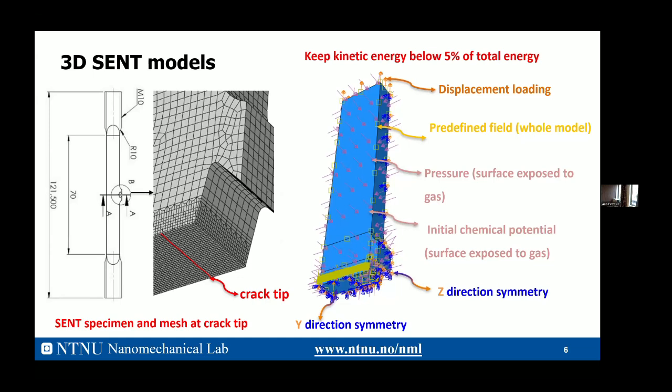And the hydrogen boundary condition. Because the specimen has been immersed in the hydrogen for a long time, we can get the uniform hydrogen distribution of the specimen. So the initial chemical potential is applied here to make the simulated hydrogen.